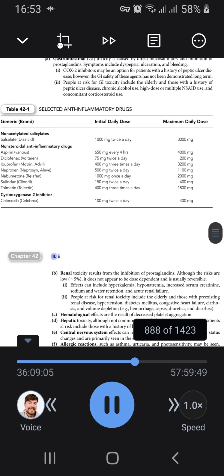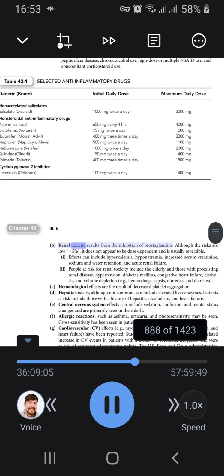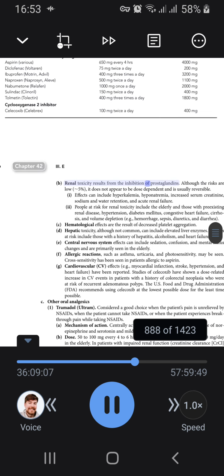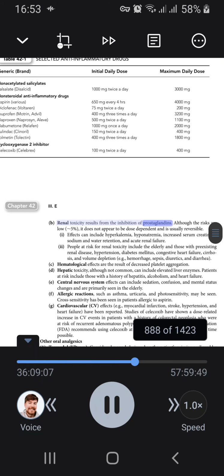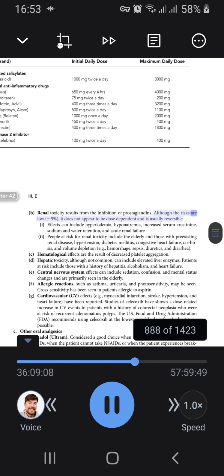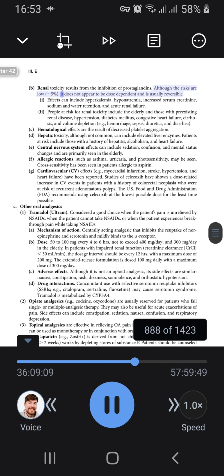B. Renal toxicity results from the inhibition of prostaglandins. Although the risk is low, 5%, it does not appear to be dose-dependent and is usually reversible. Effects can include hyperkalemia, hyponatremia, increased serum creatinine, sodium and water retention, and acute renal failure.